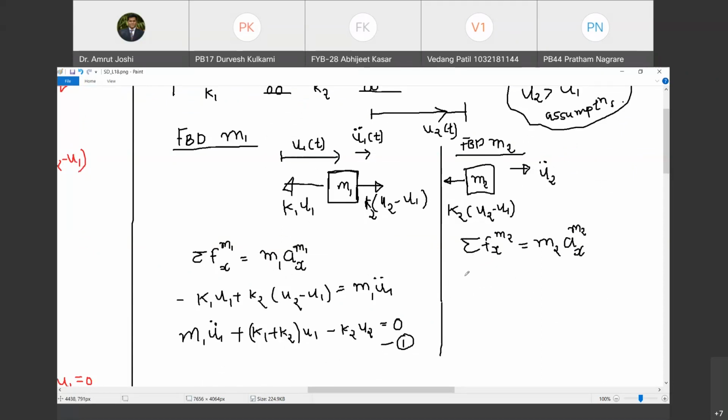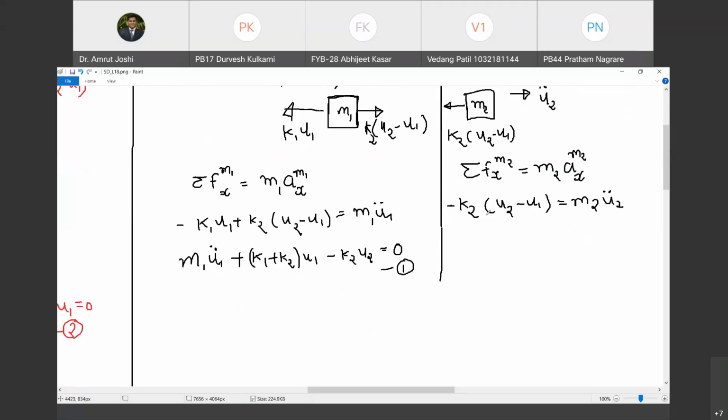What do I get? k2 into bracket u2 minus u1, but this is negative. Happy? This must be equal to m2 into u2 double dot. Minus k2 u2 goes on the other side, becomes positive.